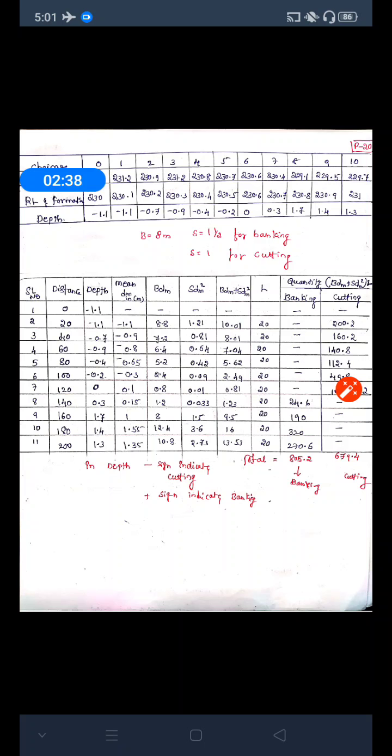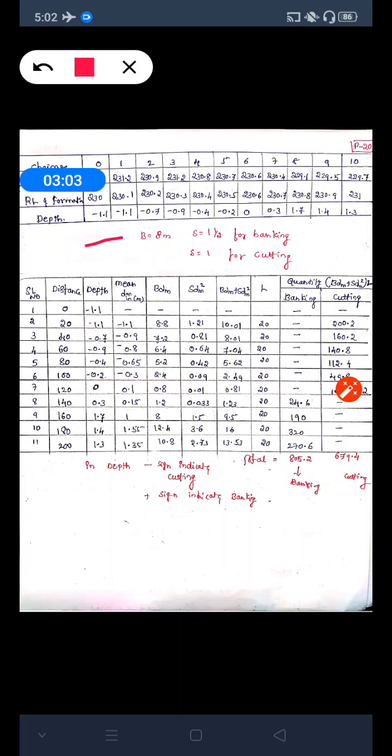In that figure, we should find out the depth. Depth equals RL of formation minus RL of the ground. After calculating, the RL of formation at 0 chainage is 230 as given, and the ground level is 231.1 here. Therefore depth equals minus 1.1.